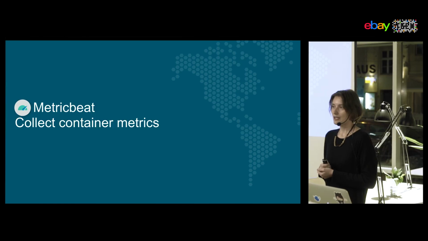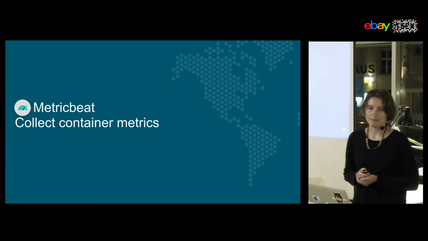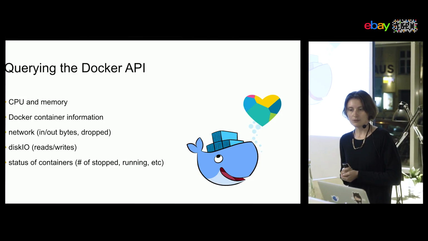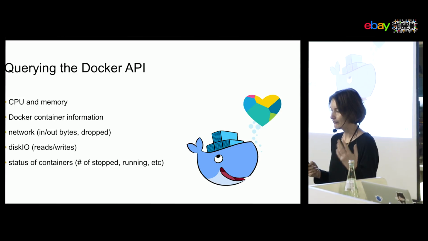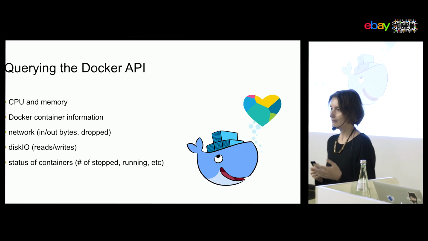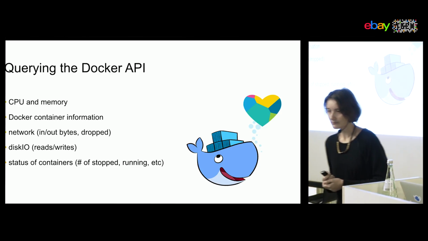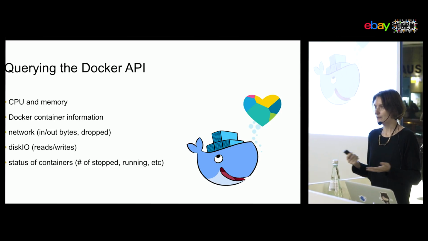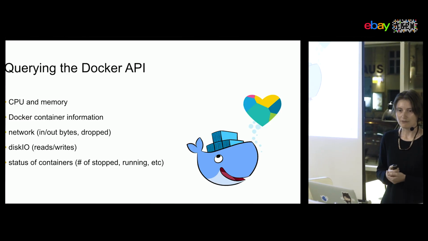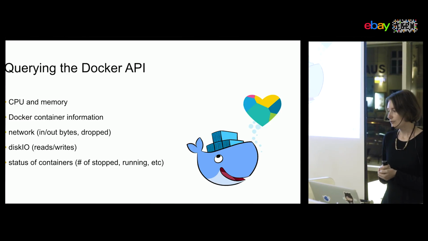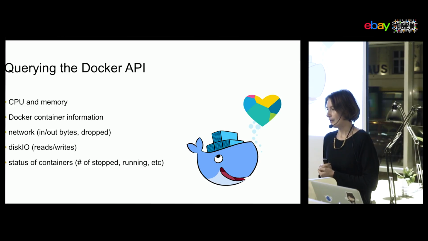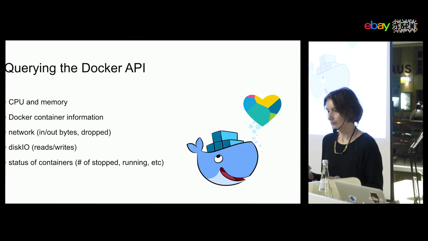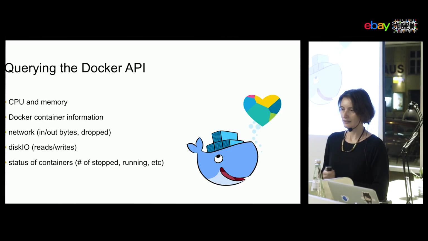Okay, now let's see how we can use Metricbeat to collect container metrics. There are two options. One option is to get the information from your container by querying the Docker API. This is an easy solution. It's easy to set up, and you don't have to do any extra configuration. With this solution, you can get the Docker container metadata, like the labels and the name of the container.